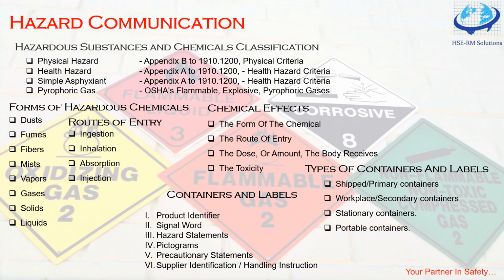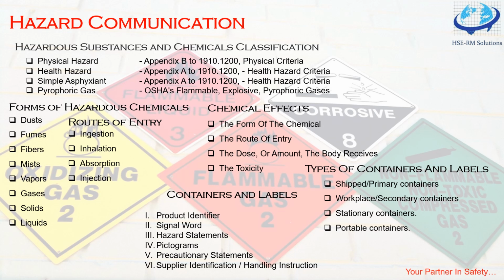A chemical which is classified under health hazard means it will affect your health. This includes health effects by acute toxicity, any route of exposure, skin corrosion or irritation, serious eye damage or eye irritation, respiratory or skin sensitization, germ cell mutagenicity, carcinogenicity or reproductive toxicity, specific target organ toxicity, single or repeated exposure, or aspiration hazard.